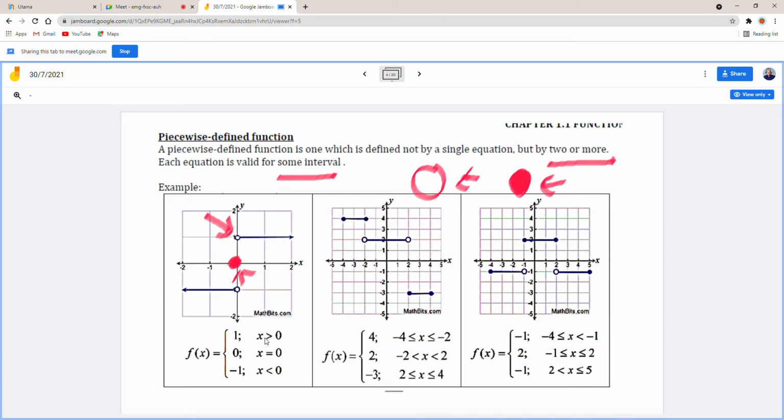X should be more than 0 means this one is a straight line. So one straight line means you have to start with the 1 and draw a straight line, but the straight line should start at 0. What I mean, like on the 0, you all get it? Okay, 1 is a straight line, you all know.